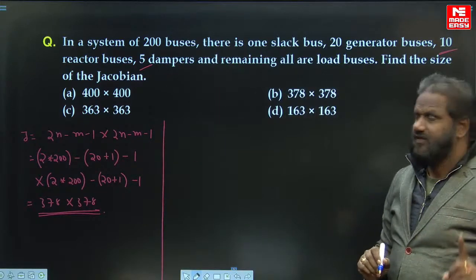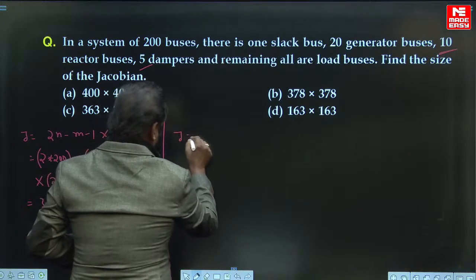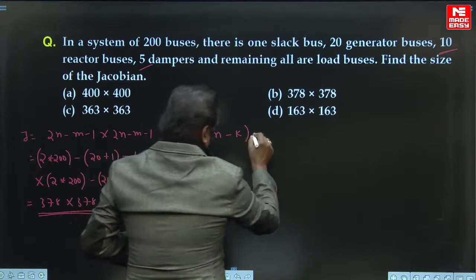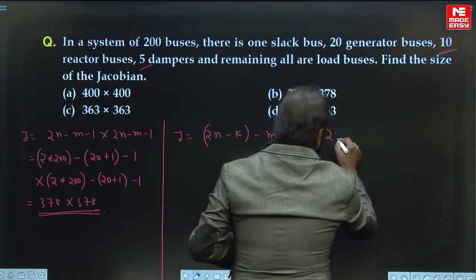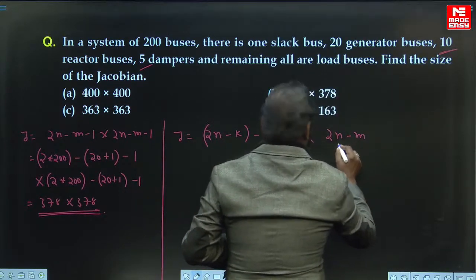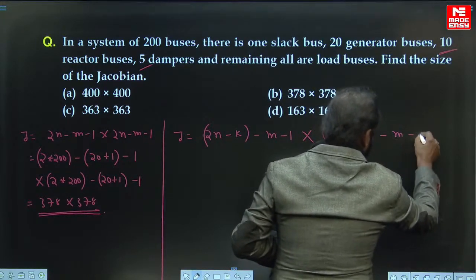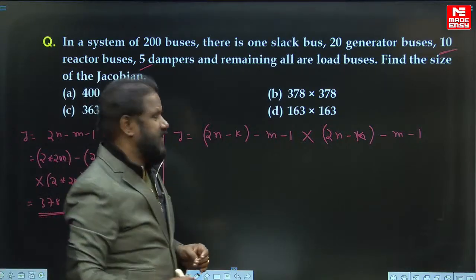That is the reason this equation is modified like this: J equal to (2n minus k minus m minus 1) cross (2n minus k minus m minus 1), where k is the number of buses at which only one quantity is to be specified.